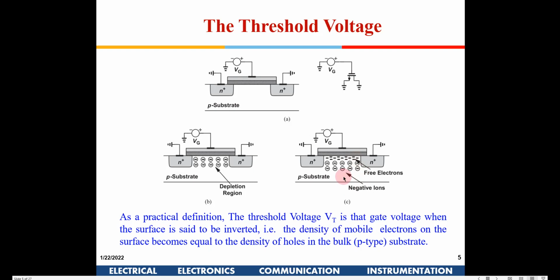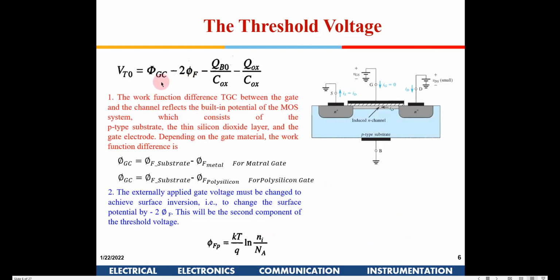Initially in the bulk region it is 10 to the power of 15 per centimeter cube. Once the channel is inverted at the threshold voltage, the density of electrons here will be 10 to the power of 15, but that is not fixed. I am just giving a figure. If it is 10 to the power of 16, accordingly that will be 10 to the power of 16.